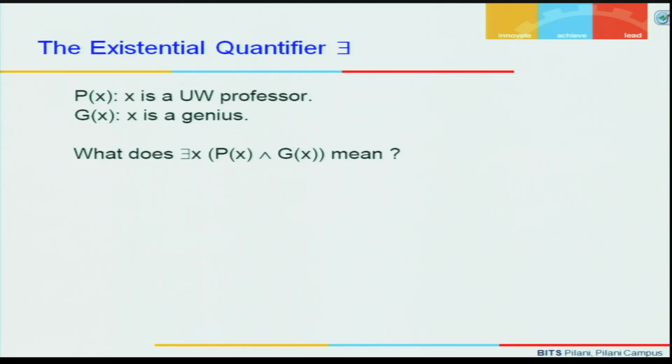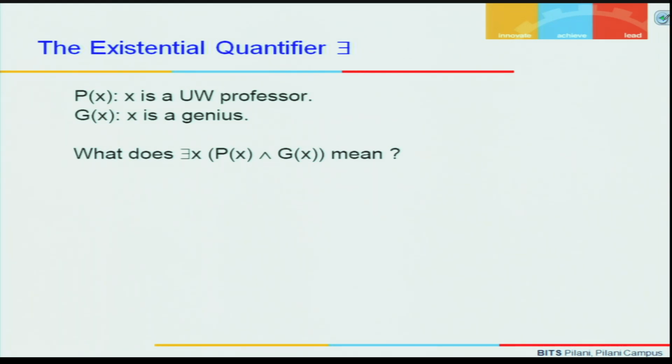We will see one simple example. I have two predicates: P(x), x is a UW professor, and G(x), x is genius. What does there exists x, P(x) and G(x) mean? Just think about this.